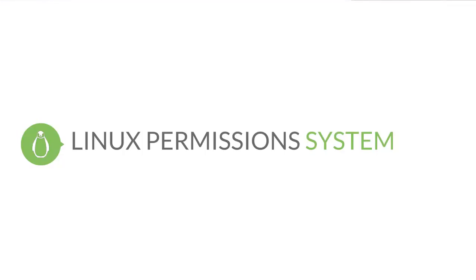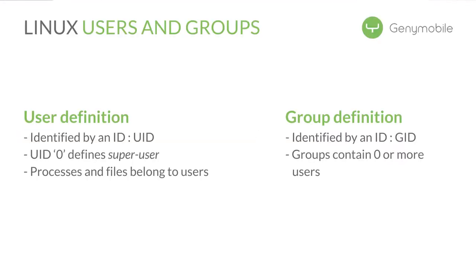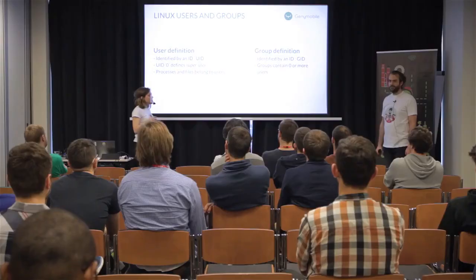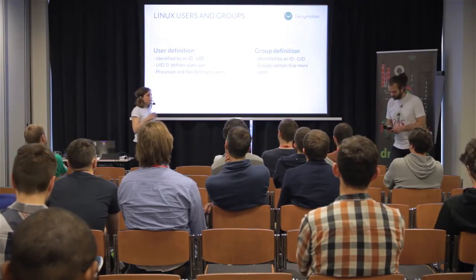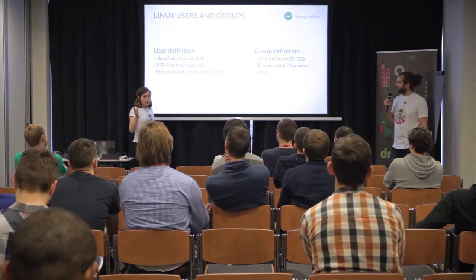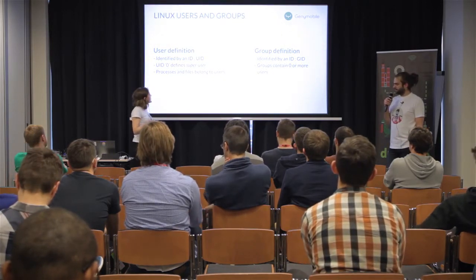Okay, so let's talk about the prerequisites. Under Linux you have UID and GID. A UID defines a user, and you have a specific user on Linux called root, a super user, identified with the numerical ID 0. The other users start at 100, which is a standard in Linux.